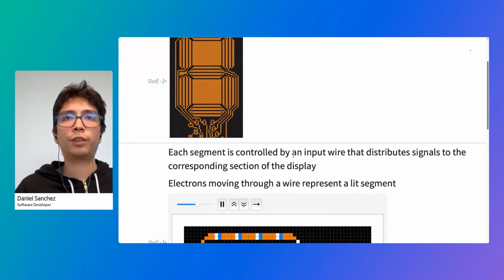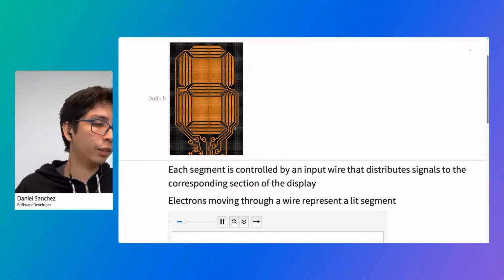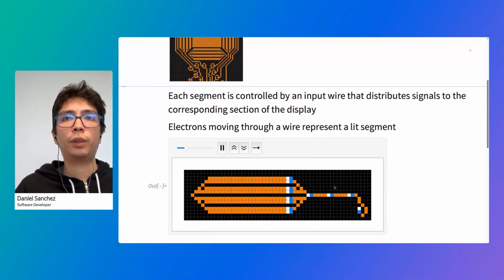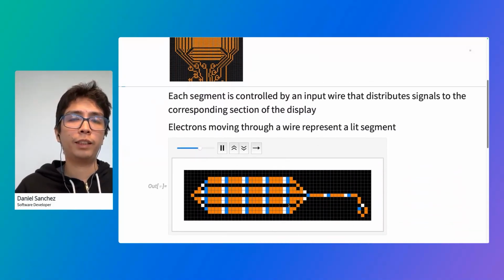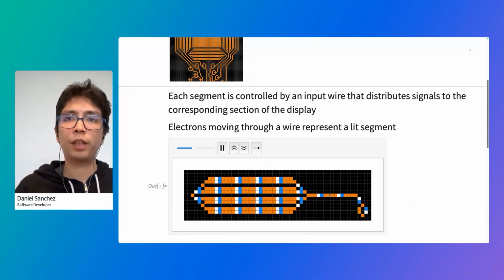And each segment is controlled by an input, which you will see. It's one of these: 1, 2, 3, 4, 5, 6, 7. Each of these inputs turns on one of these loops, of these segments. We can do that by trapping electrons, or sending a constant stream of electrons to the segment.